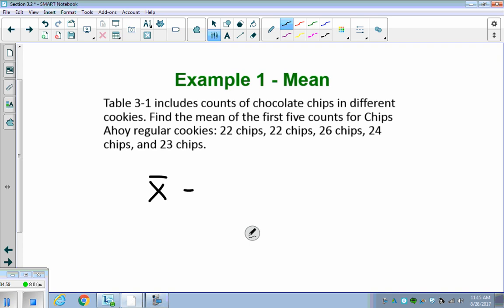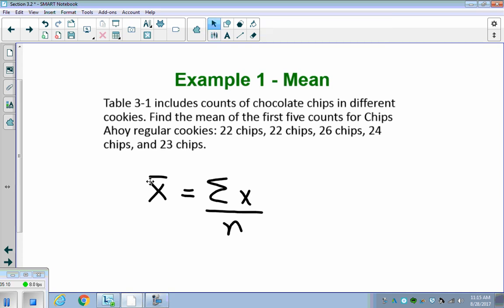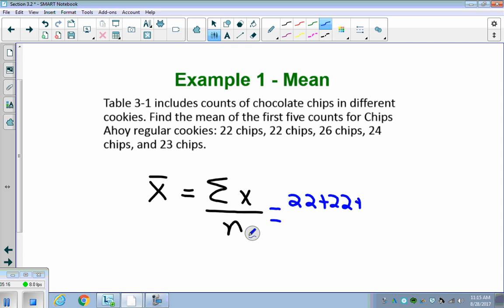And then I'm going to do what? Sum all of them, and divide by n. There's my formula I'm going to use, correct? So that means I'm going to take 22, add 22, I'm going to run out of room, 26, 24, and 23.